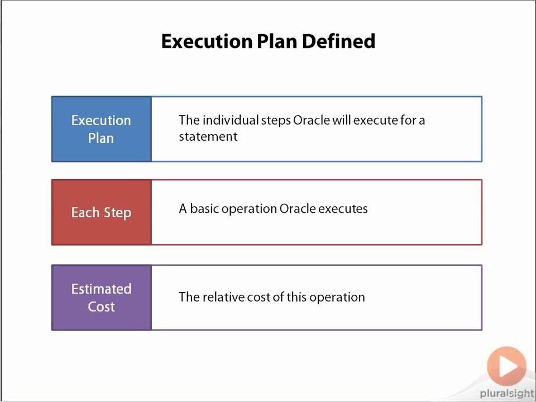Second, because we get a cost value for each step, we can easily see which steps are the most expensive ones so we can focus our tuning efforts there. By understanding the execution plan a statement is using, you can quickly zero in on what operations are making a particular statement run slow. So let's take a look at how to generate an execution plan, as this will help give us a better feel for what an execution plan is really all about.